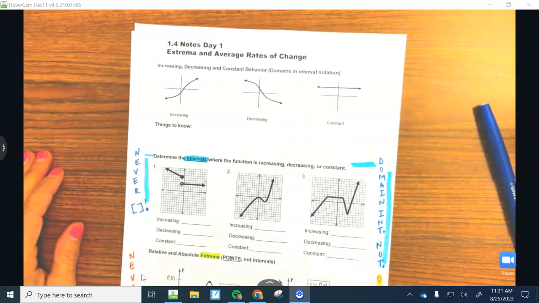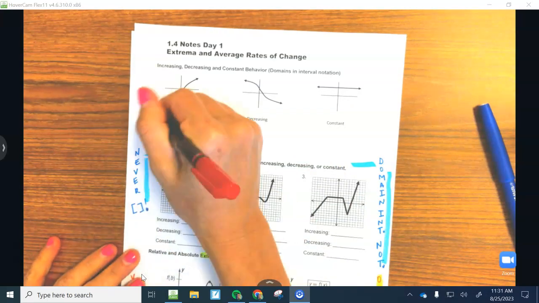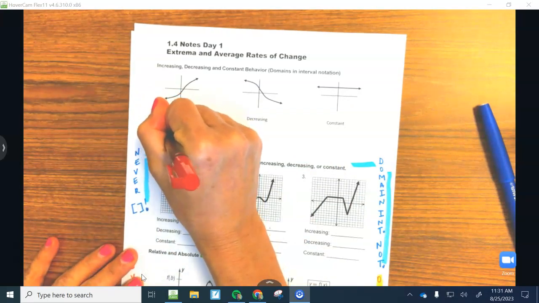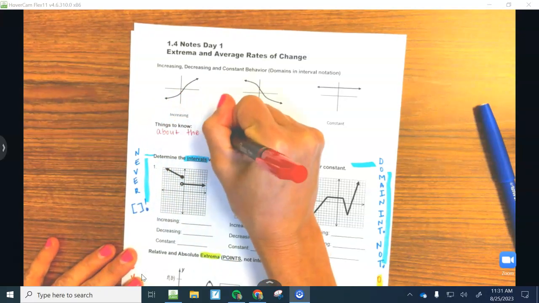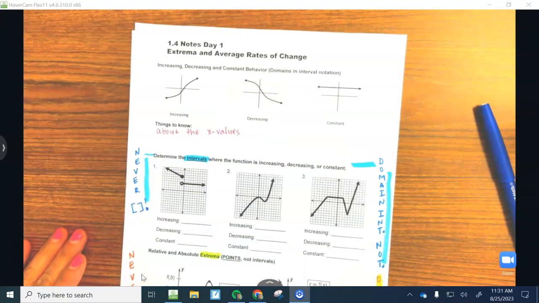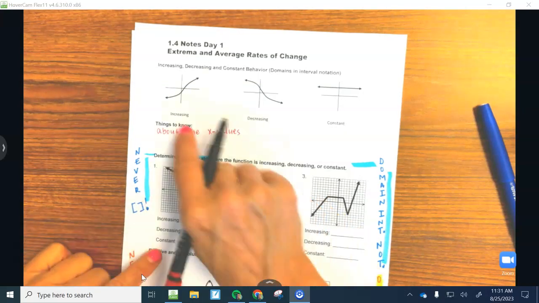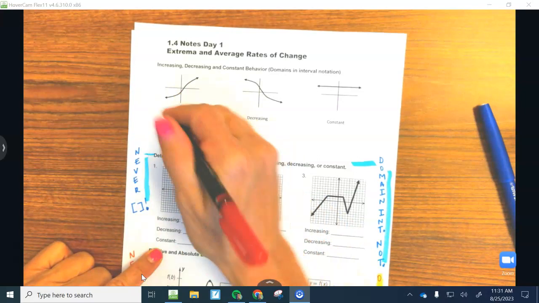So here are some very important things you need to know. This is about the x values, because remember, guys, x values drive everything in math. They are always the drivers of the graph. The next thing you need to remember is, as x is increasing here, y is increasing.